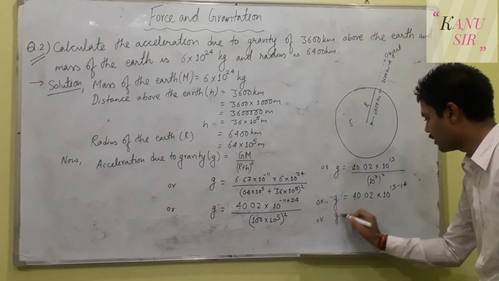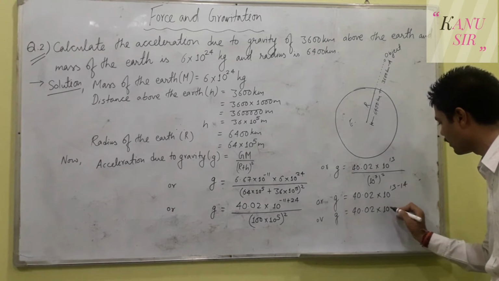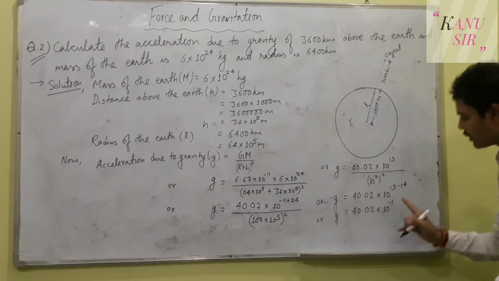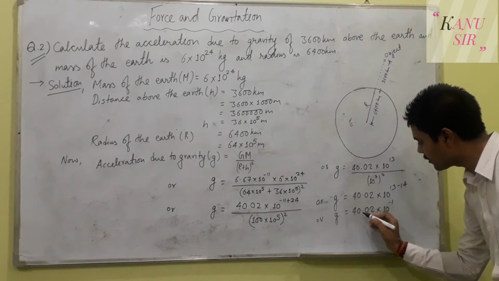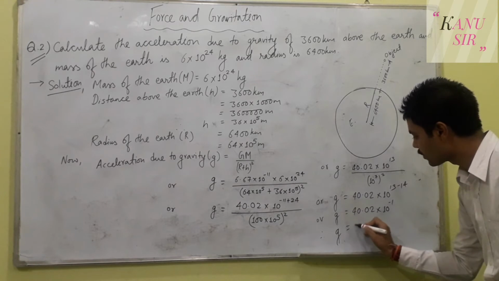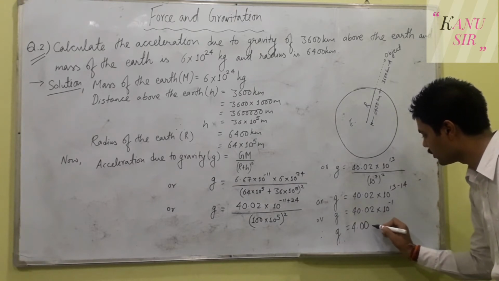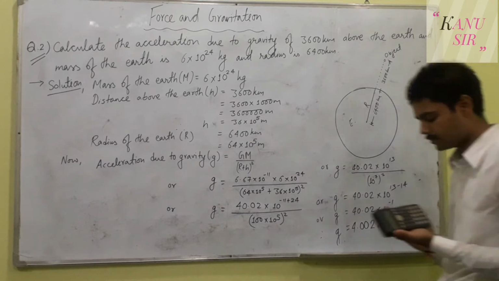So g is equal to 40.02 into 10 to the power minus 1. And because, like in the previous question, the decimal can go one step forward, the value of g becomes 4.002 meter per second square.